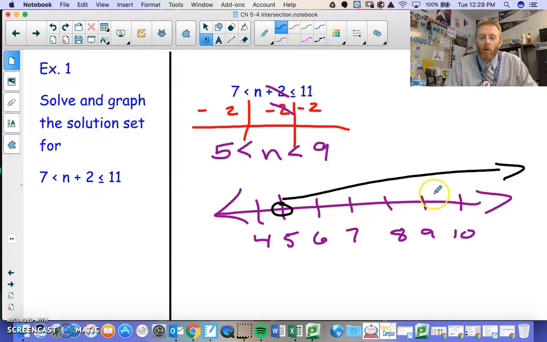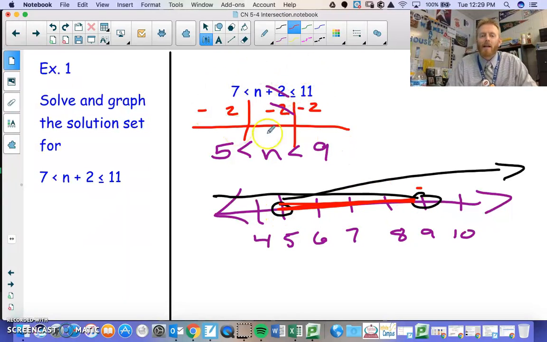I have an open circle at 9, and since n is less than 9, it's going this direction. You will notice that my overlapping part is right here. So what I really want to have is this piece right here. So my number could be between the number 5 and 9 to make this compound inequality true.